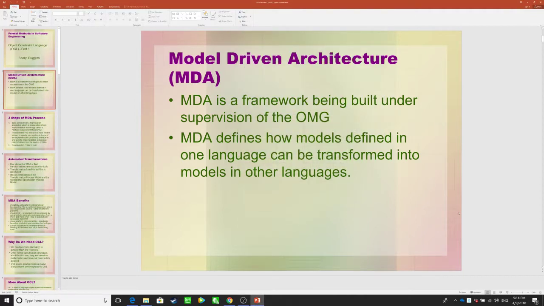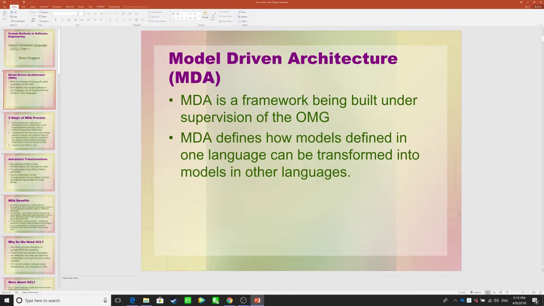Okay, MDA. What is MDA? It's model-driven architecture. It's a framework that defines how models defined in one language can be transformed into models in another language. So what people are trying to do is use some modeling language and use MDA as a middle layer that can transform to different languages, kind of like English.